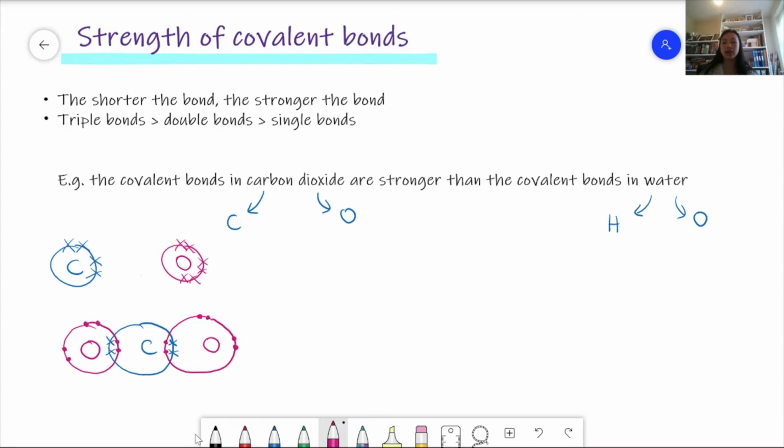And because you have one pair here and another pair here, the stick diagram would look like this. So a carbon is actually double bonded to 2 oxygens. Whereas for the water, we have a hydrogen atom, which has 1 electron, and an oxygen atom, which has 6 electrons again.